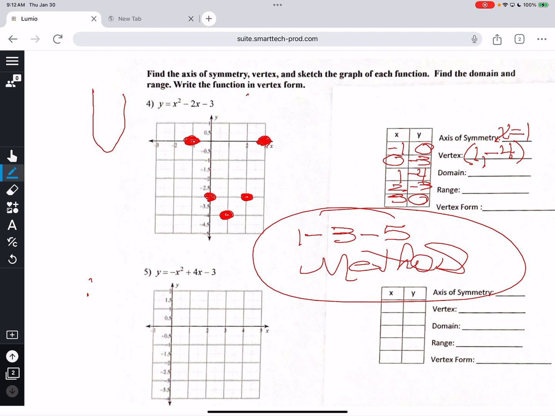It needs to be y equals a(x opposite h) squared plus k. Okay, there's our format. What is our a? What's the lead coefficient? 1. You can either put a 1 or just not put anything because that would be an understood 1. But I like putting the 1 so we don't leave anything out.